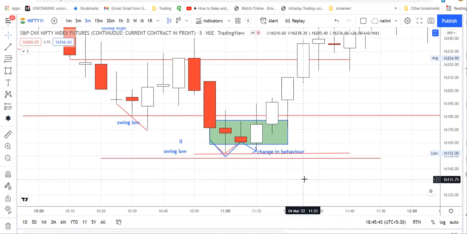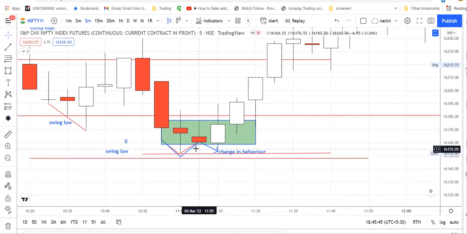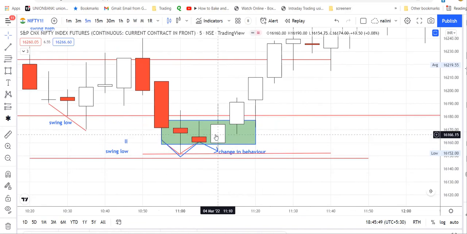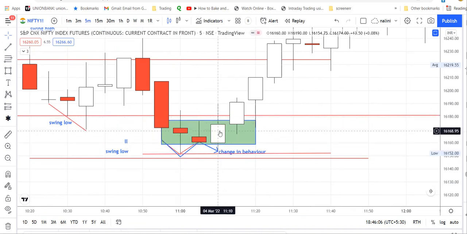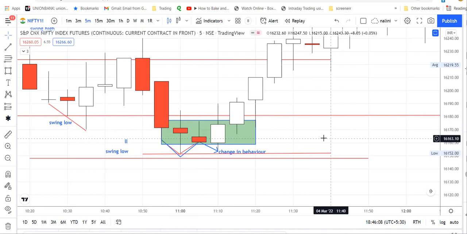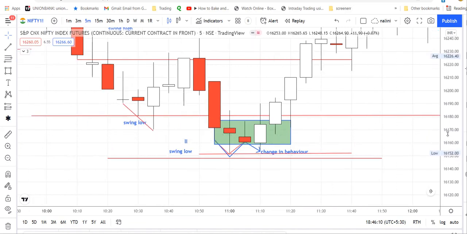Wait for the next candle. See, in the next candle, it opened here and made a low, but it didn't go past this. So compared to this, it is a higher low. So you are seeing the change in behavior and you can go long in the future.